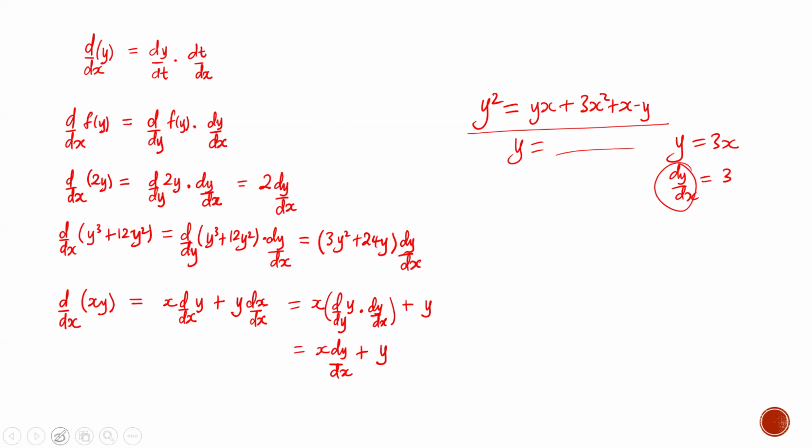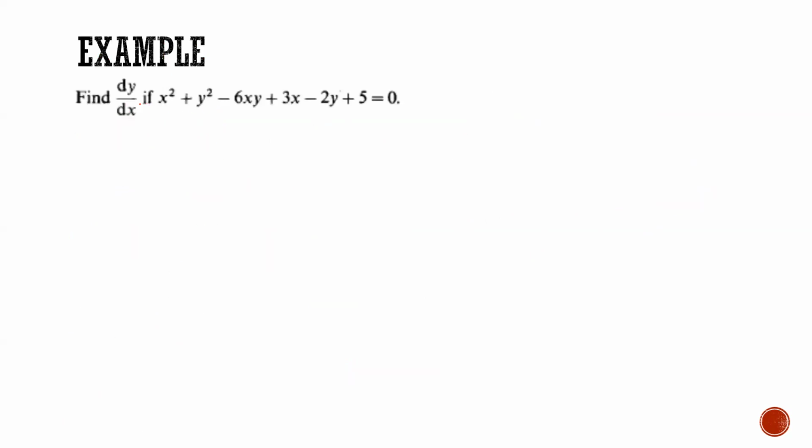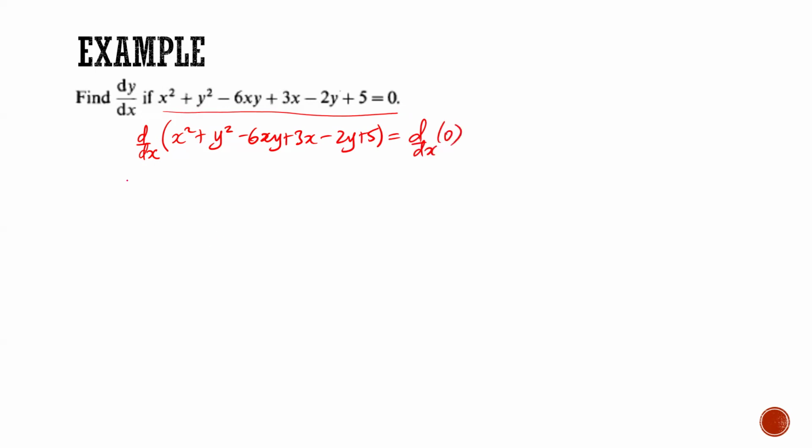Let's look at an example of that. We've been asked to find dy/dx given this equation. This is the equation of a particular function. So what do we do? We differentiate both sides with respect to x. We'll have d/dx of x squared plus y squared minus 6xy plus 3x minus 2y plus 5 equal to the derivative of 0 with respect to x. So differentiate term by term. When you differentiate x squared, you get 2x.